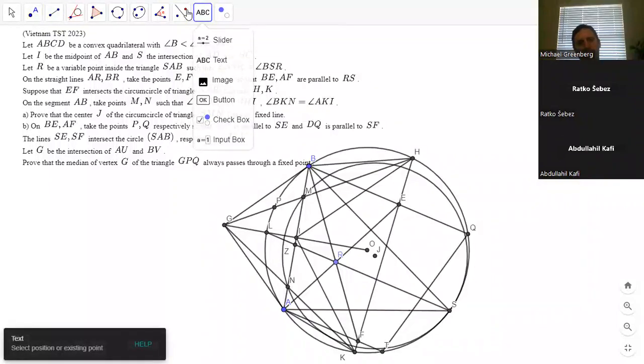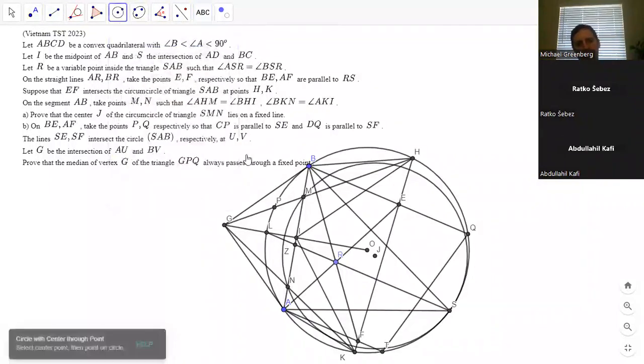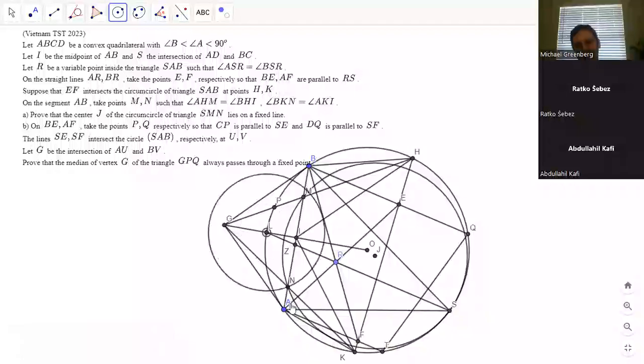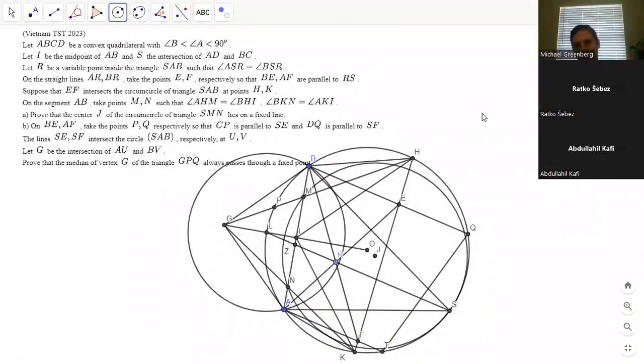Like this seems like almost a generalization of a problem that started with the center. So BH over AH, maybe we could bash that somehow.